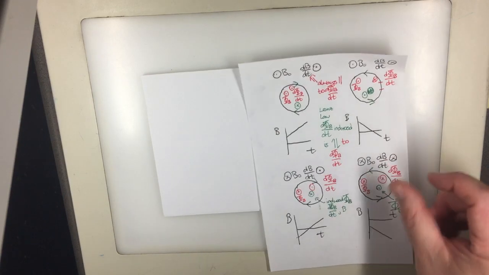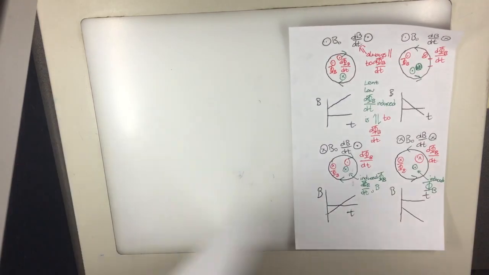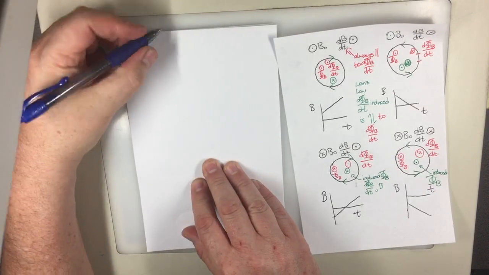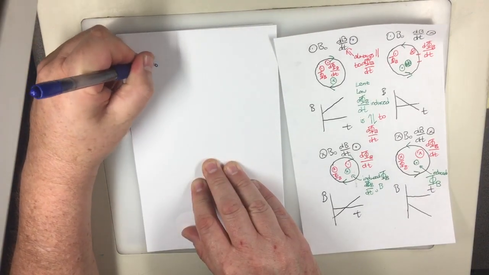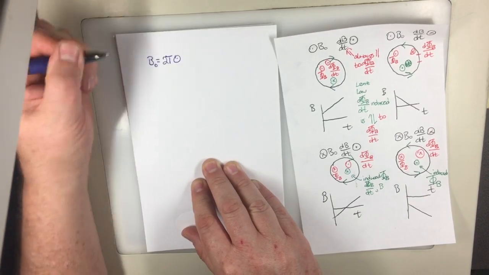So these are the 4 things, and one of the things I'm going to do right now is do the typical example that I do with problems like this. So we have an initial magnetic field of 2 Tesla out.